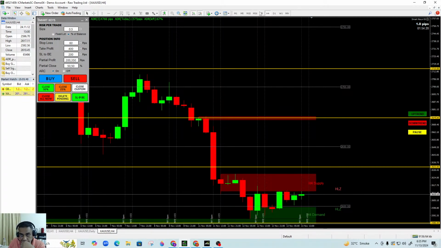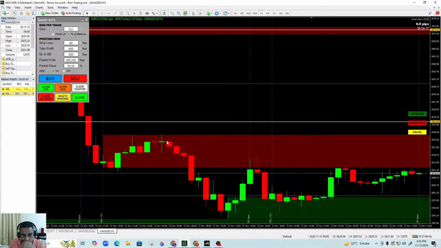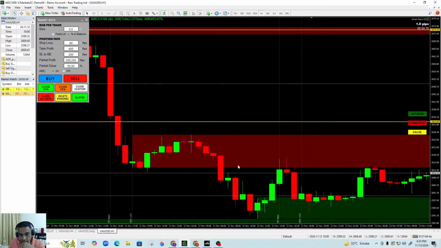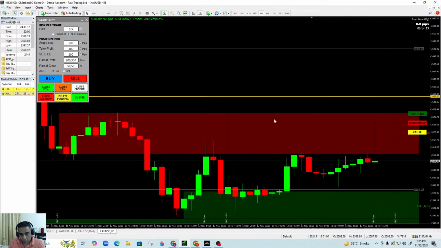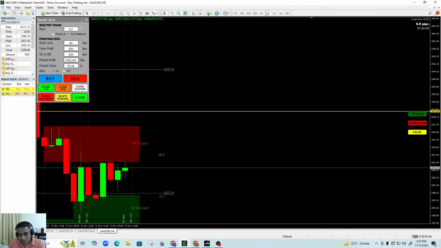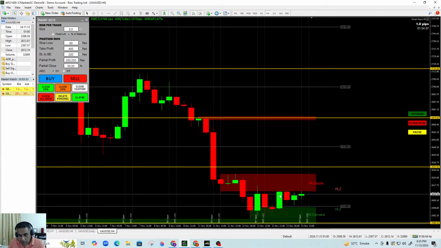We have created fresh demand, right? If we break and close above this H4 resistance, we should be heading higher. And if we head higher, we could head to first this weekly resistance 2633 and then 2650, and then there's clean space above that, so we could head even higher, right?